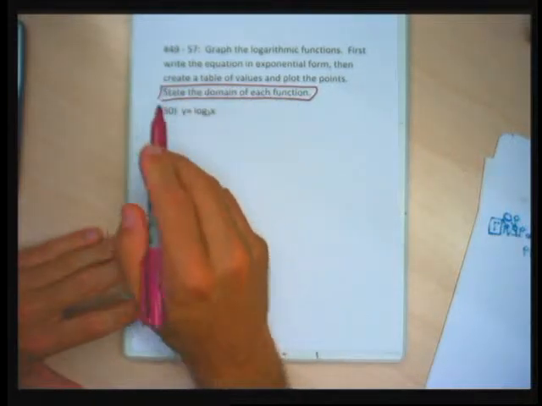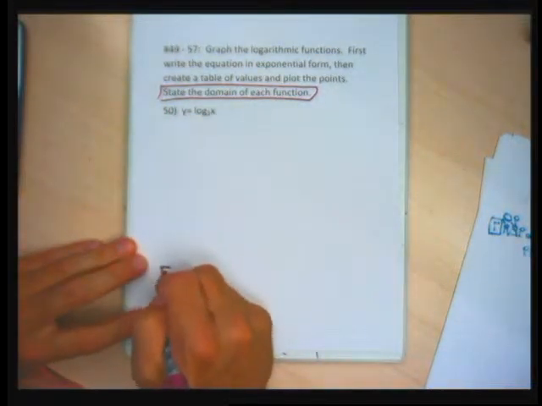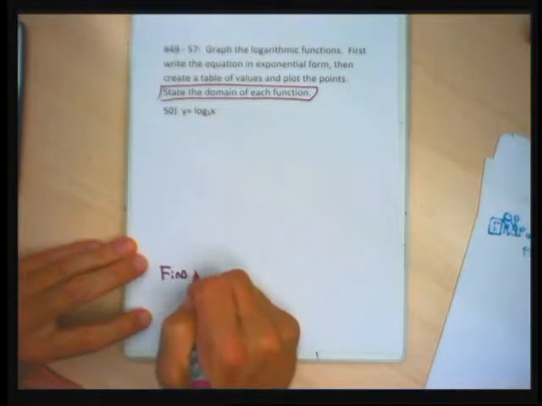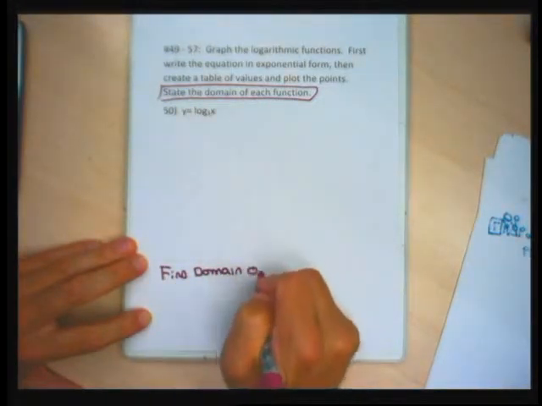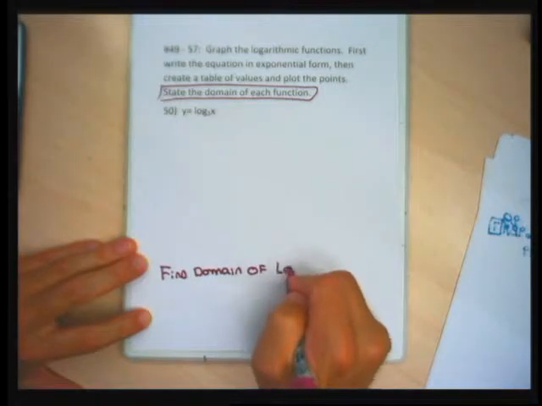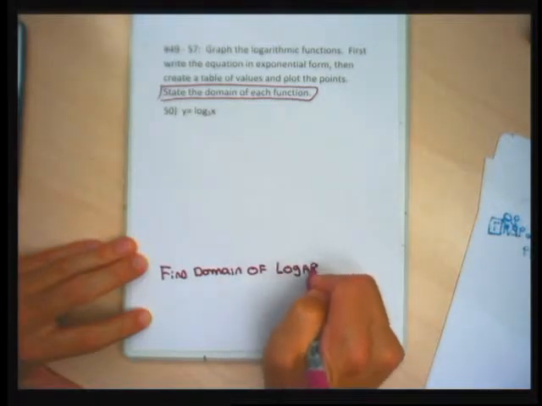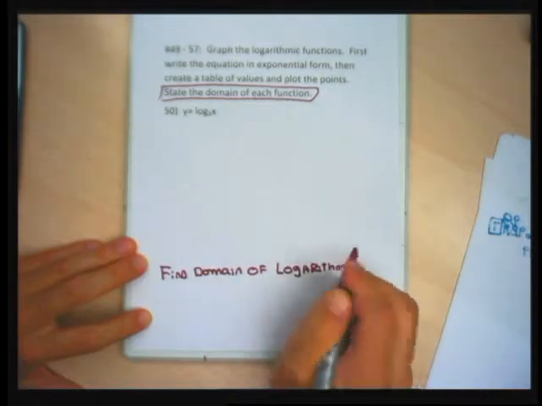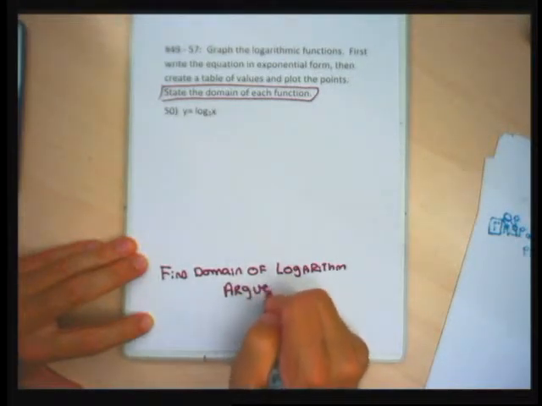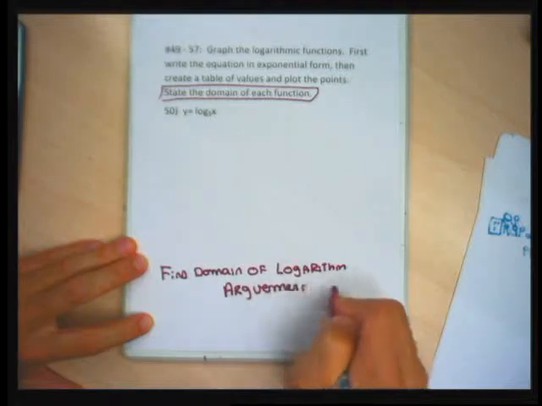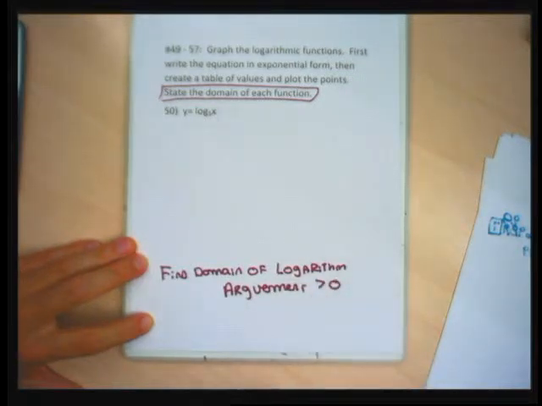To find the domain of any logarithm that has an x in the argument, you solve the equation, or the inequality actually, the argument greater than 0. And this is going to tell me kind of where the graph exists and doesn't exist.